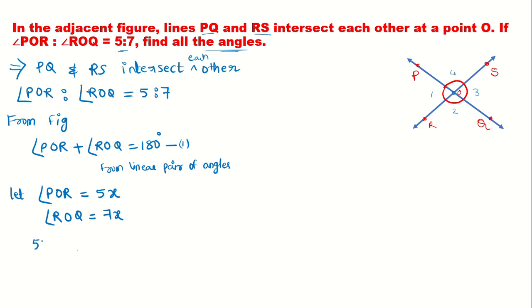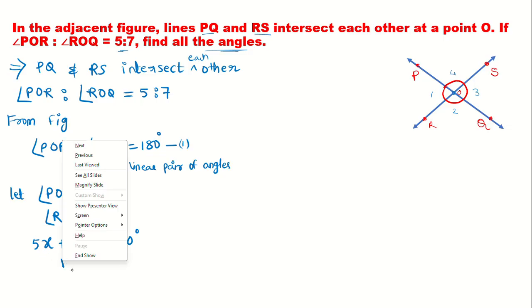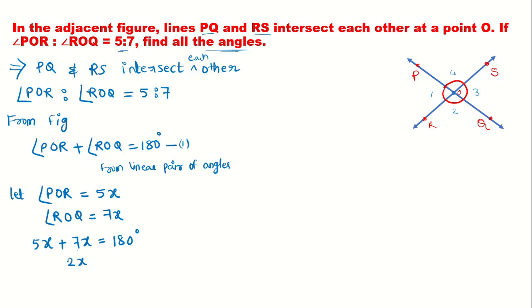What will you get? 5x plus 7x equals 180 degrees. Now, how much is 5x plus 7x? It is 12x equals 180 degrees. Now, x equals 180 by 12. You'll get x as 15 degrees.